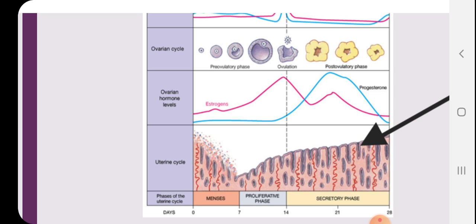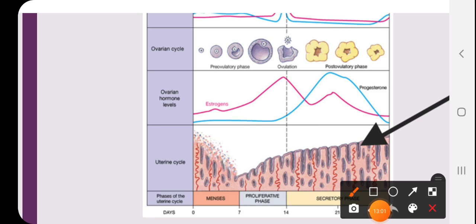When the secondary oocyte is released, the remaining tissue of the Graafian follicle is transformed into a scar-like tissue called the corpus luteum under the effect of LH. Now this is the corpus luteum. Then the corpus luteum begins to secrete progesterone and estrogen. You can see the levels of progesterone have increased here.